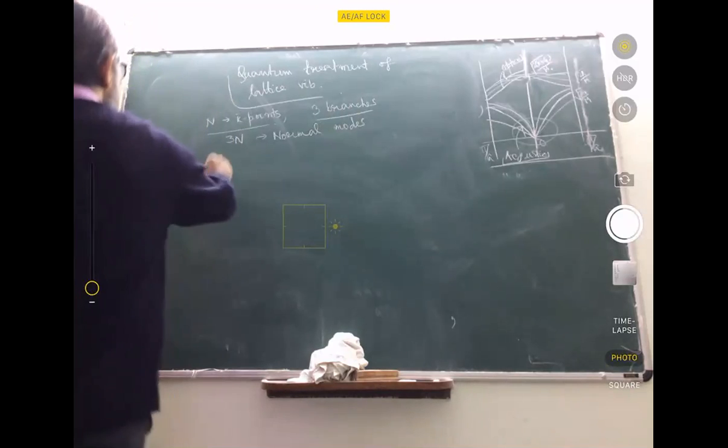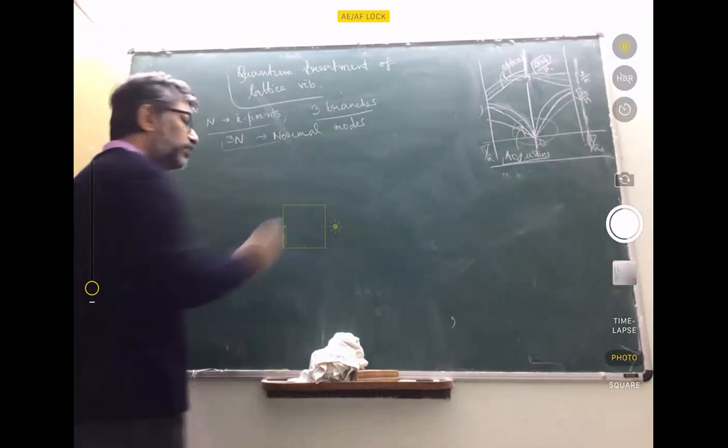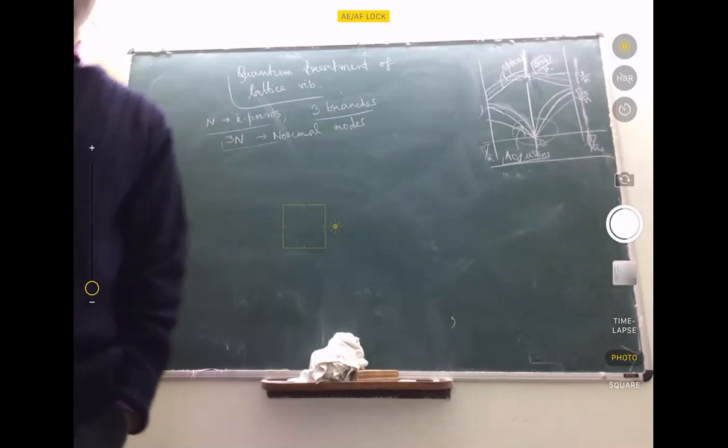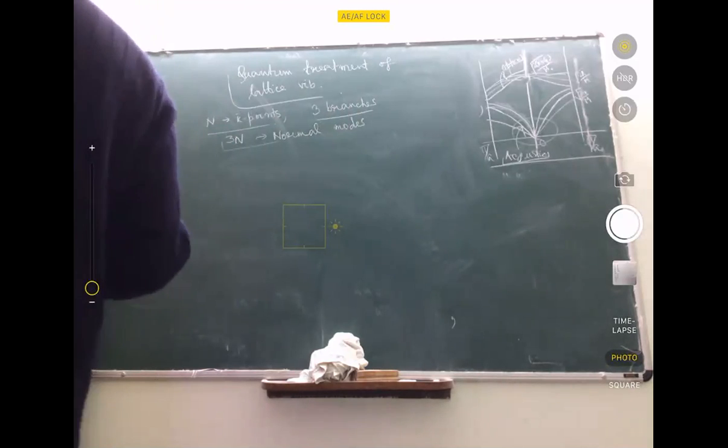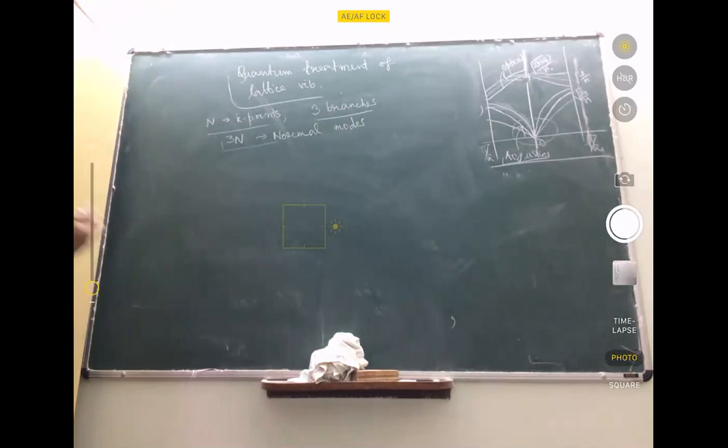So we can treat these normal modes, and remember we are working within a harmonic approximation, right? So we can treat these normal modes as independent harmonic oscillators. So we look at lattice vibrations now as a collection of 3N independent harmonic oscillators. And we know how to treat harmonic oscillators in quantum mechanics.